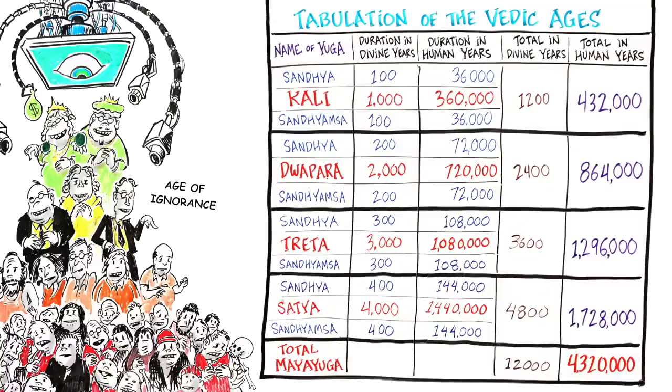You'll notice that the total, the Mahayuga, the Great Yuga, is 10 times the length of the Kali Yuga. That's because the Dwapara is twice, the Treta is 3 times, and the Satya is 4 times. So taking the original term, doubling it, then tripling it, then quadrupling it, adding those together will give us 10 times the number we started with.